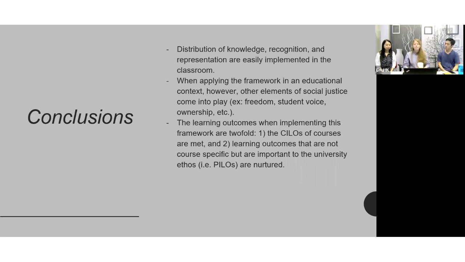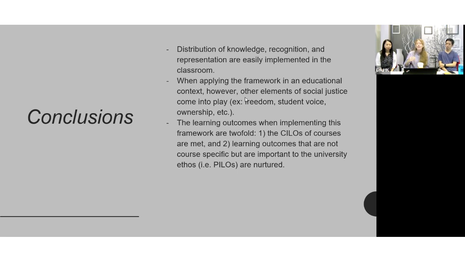In conclusion, when you take Nancy Fraser's framework and apply it to education, and you conceptualize distribution as distribution of knowledge, recognition, and then representation, they are so easily included and implemented in the classroom.